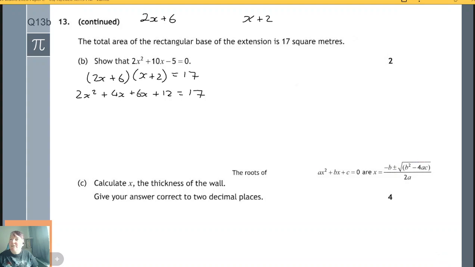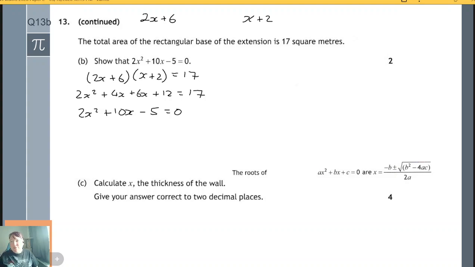And we want to make it equal 0, so let's get that 17 to the other side. 4x plus 6x is 10x. 12 minus 17 is minus 5 equals 0. Oh, look, we've got what we needed to show, and we're done.